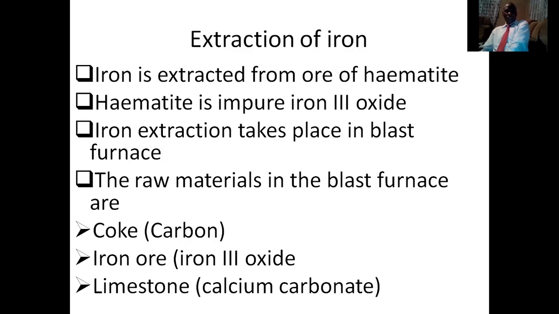The furnace requires three materials in order that iron is extracted. These are coke, which is carbon; the second one is iron ore, which is hematite or iron(III) oxide; and the third one is limestone, which is calcium carbonate.